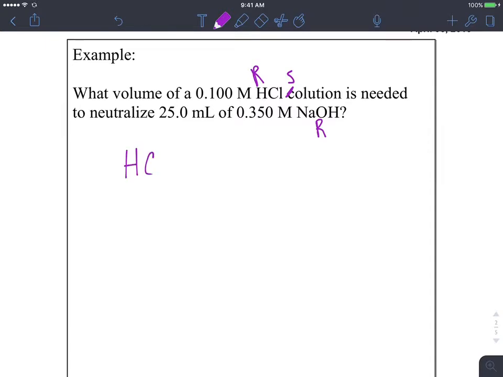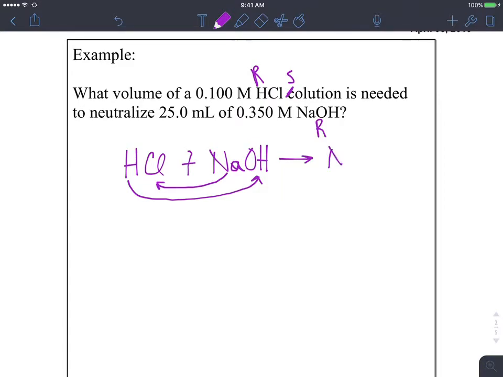We have HCl, we have NaOH. Now, just as before with the precipitation reactions, we find that H, as a positive ion, will go ahead and bond with OH, and Na, as a positive ion, will bond with the negative Cl minus.